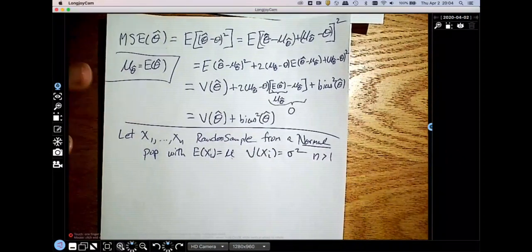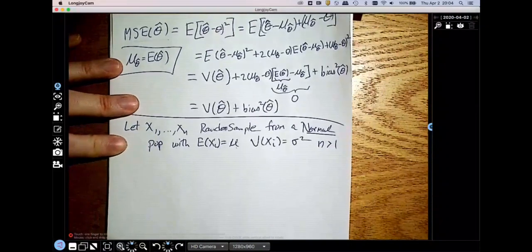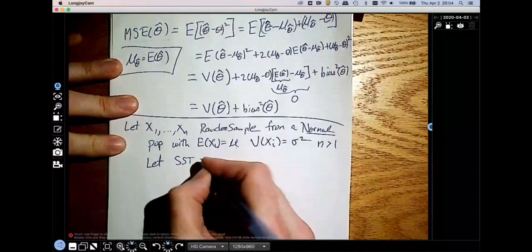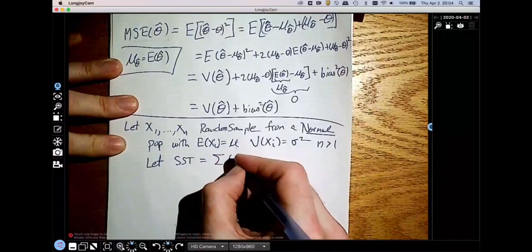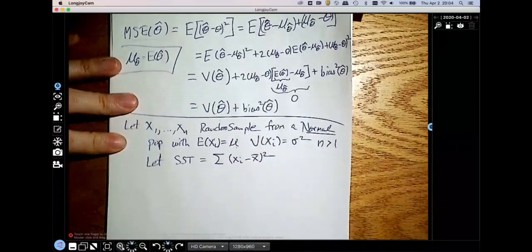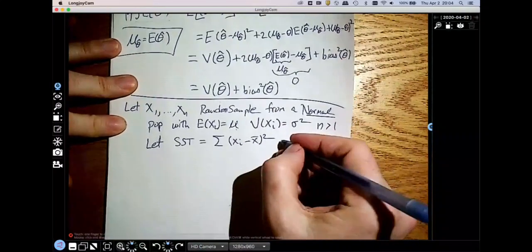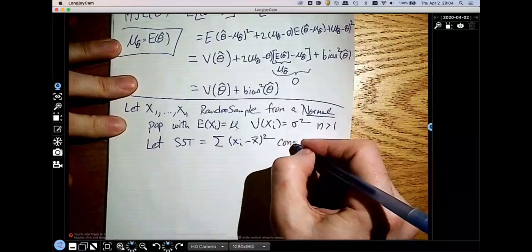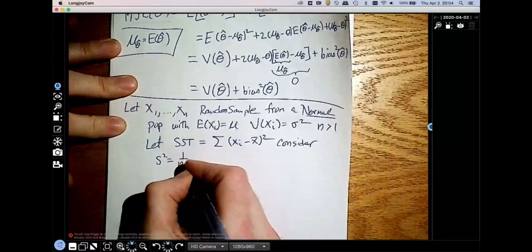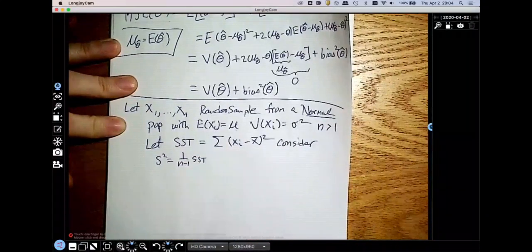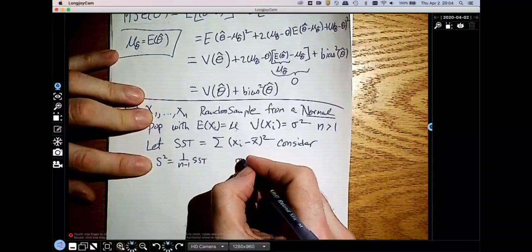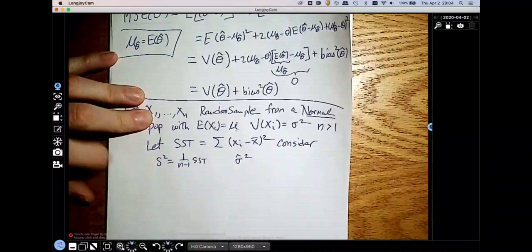All right, now I'm going to define SST as the sum of xi minus x bar squared. And consider two estimators. So consider s squared, which is 1 over n minus 1 times SST. And I'm going to have another estimator that let's just call sigma hat squared.